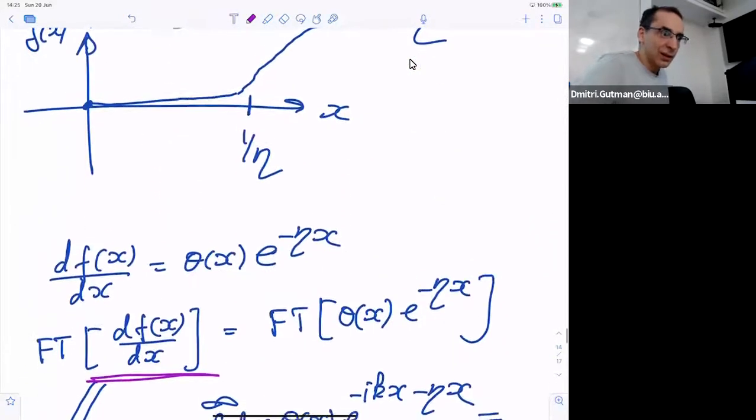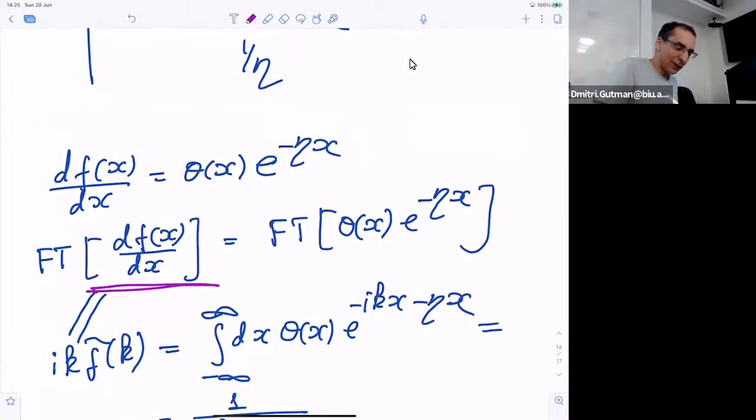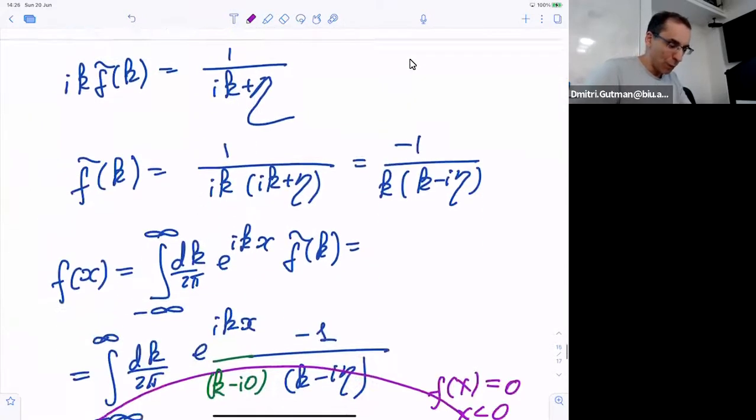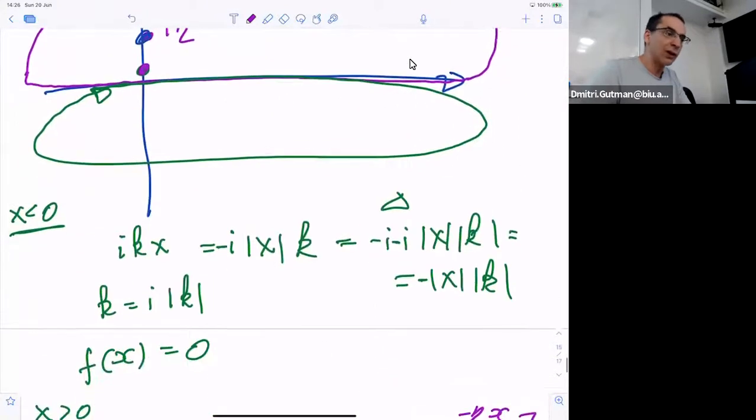Therefore, when I compute this Fourier transform, I need to remember that I might generate some divergence at positive x, so I better regularize this properly. And so you either remember about this regularization and generate some boundary term here, or you don't bother, but then when you go back, you need to interpret this singularity correctly and place it either within or outside the contour of integration. Now it's up to you.